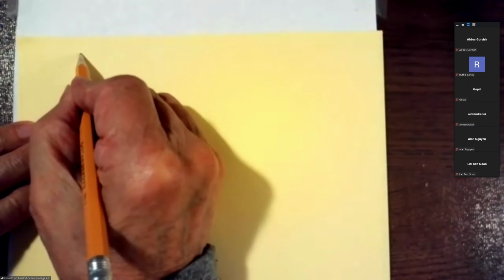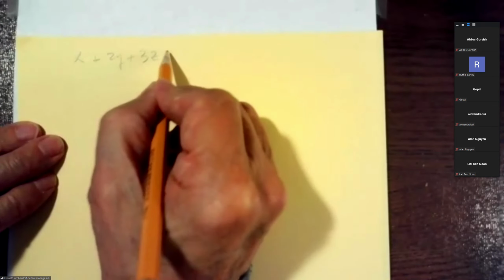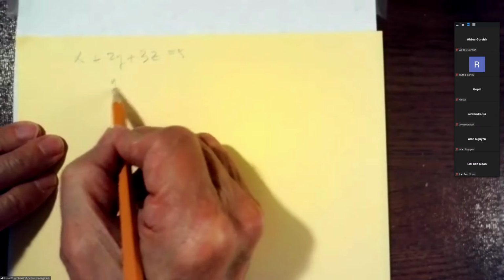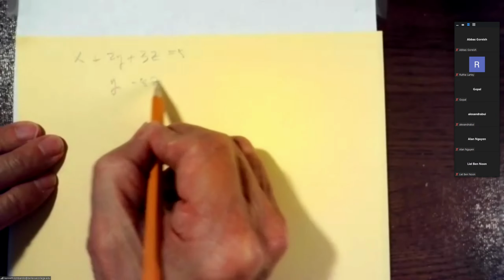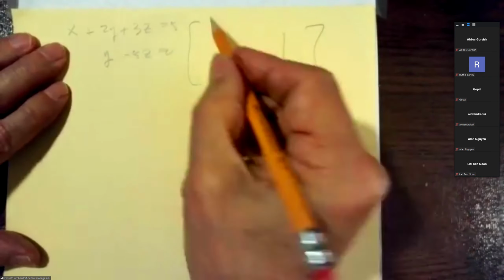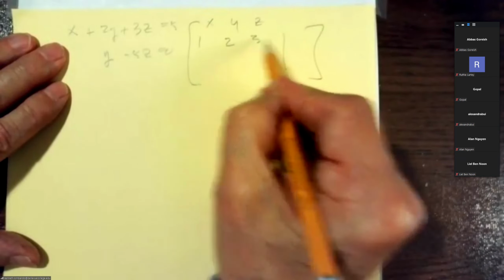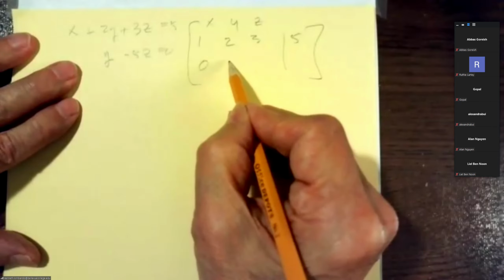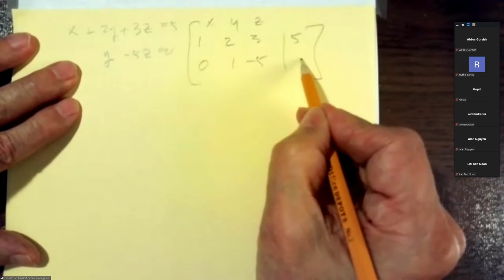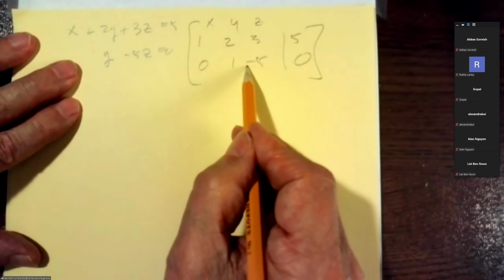We're just given x plus 2y plus 3z is 5, and y minus 5z is 0. So if we put that into an augmented matrix, x, y, z: 1, 2, 3, 5; 0, 1, negative 5, 0. You notice what we have here?